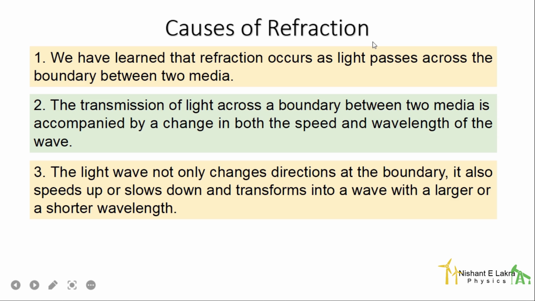Like I was telling, when it moves in a rarer medium, it is faster. When it moves into the denser medium, it becomes slower and also transforms into a wave with a larger or a shorter wavelength. So even the wavelength of light in a rarer medium will be different than in a denser medium.